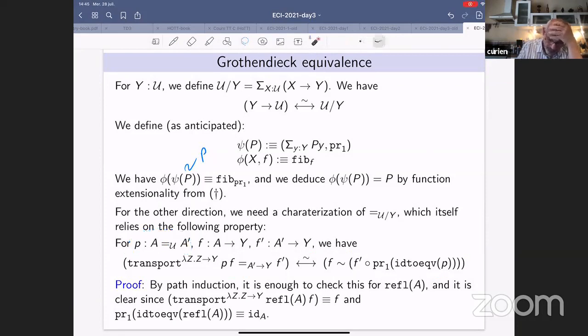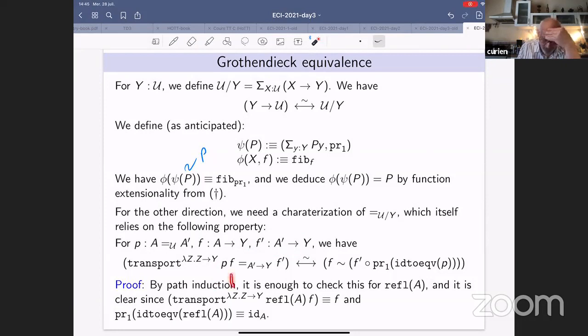Suppose that we have a function from A to Y, a function from A prime to Y. Then you see that if I take the type family which maps Z to Z arrow Y, I can transport relative to this type family along the path that goes from A to A prime.